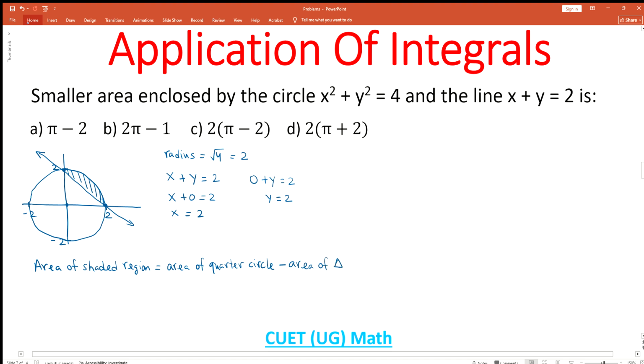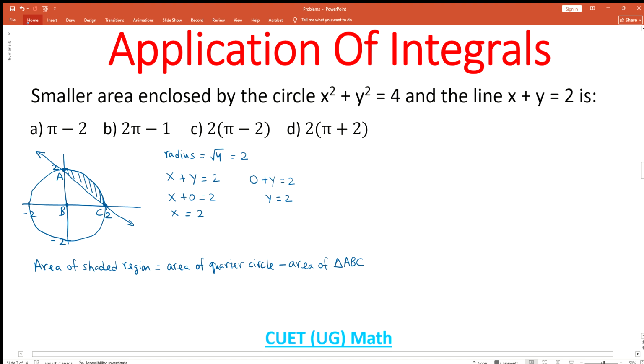I can label the corner points of the triangle A, B, C. So if we subtract these two areas, we will get the area of the shaded region.